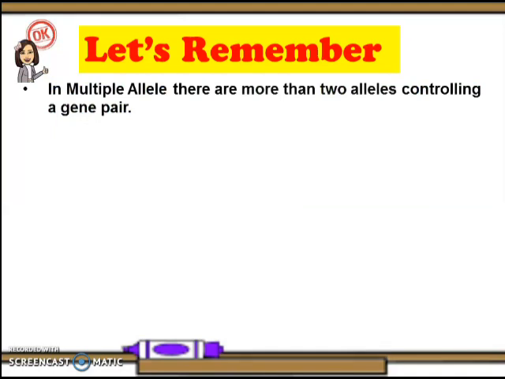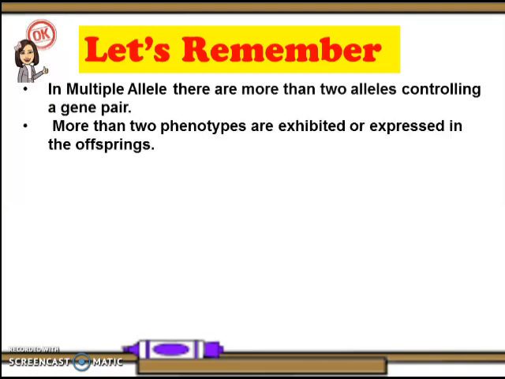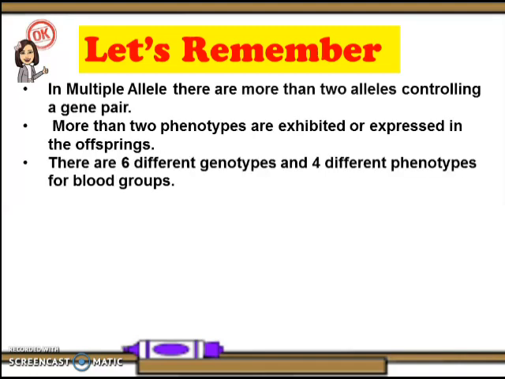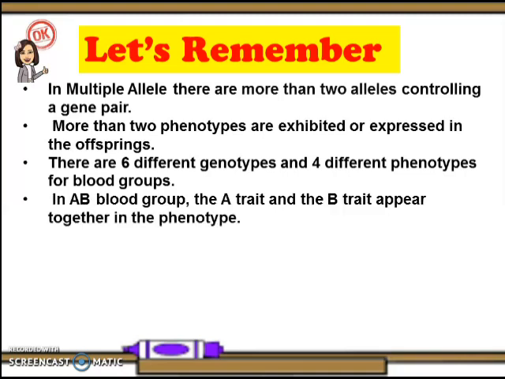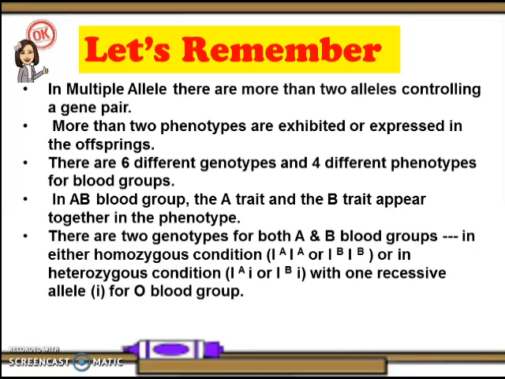Let's remember, in multiple alleles, there are more than 2 alleles controlling a gene pair. More than 2 phenotypes are exhibited or expressed in the offspring. There are 6 different genotypes and 4 different phenotypes for blood groups. In AB blood group, the A trait and the B trait appear together in the phenotype.